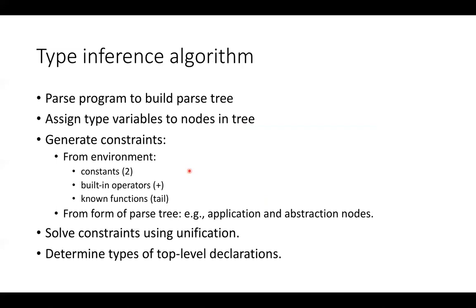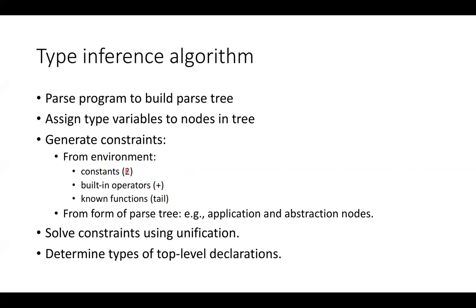So the general idea of type inference algorithms is we first build a parse tree. And then we start trying to assign these type variables to every node, and we generate constraints. Each constraint tells us a little piece of evidence about what we know based on our analysis of the parse tree. There'll be some functions that we know, so things like tail. There'll be some built-in operators, which you can think of just as another function.